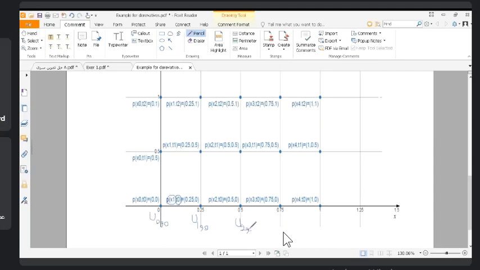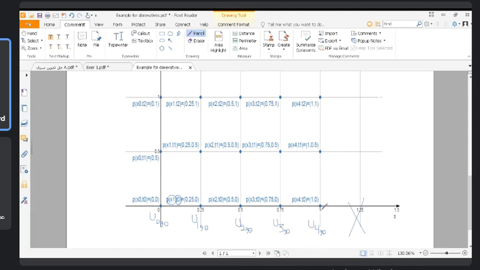The index for x is 2 and the index for t is 0. For the next point we have u 3 and 0; we should write 0 for t. For this row, the index for t is 0. For the next point we have u 4 and 0, which is the end of x.